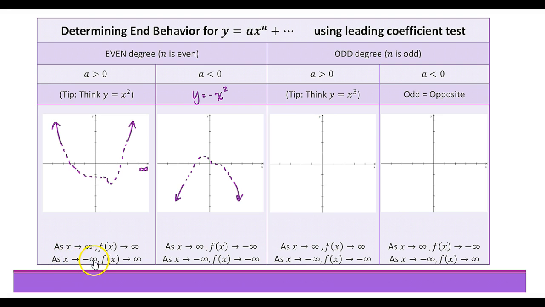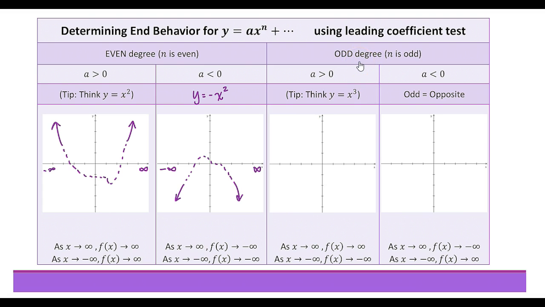And as x values are going towards negative infinity, what is happening to f(x)? f(x) is still going to positive infinity. And when I have a negative leading coefficient, as x goes to positive infinity, my y values, f(x), are going to negative infinity. And as x goes to negative infinity, my f(x) values are going down to negative infinity.